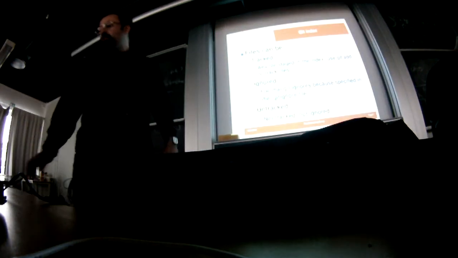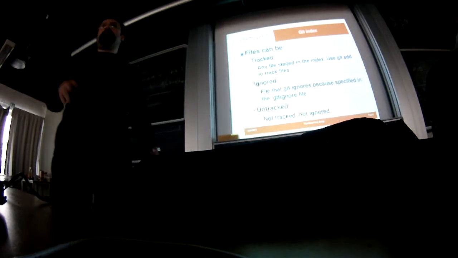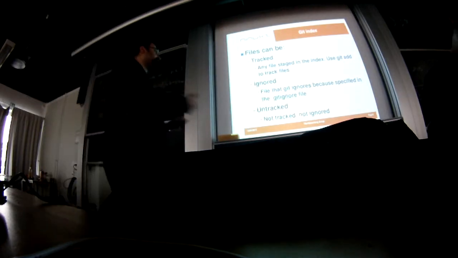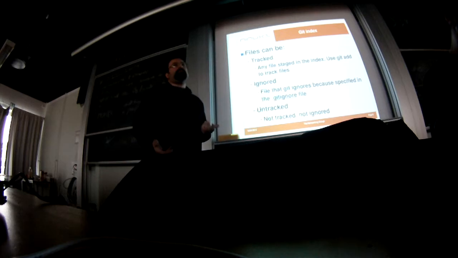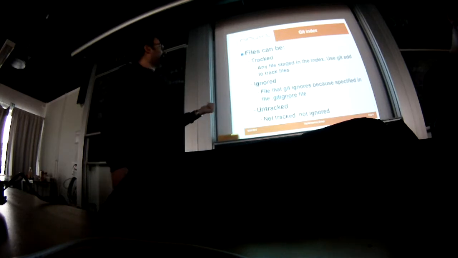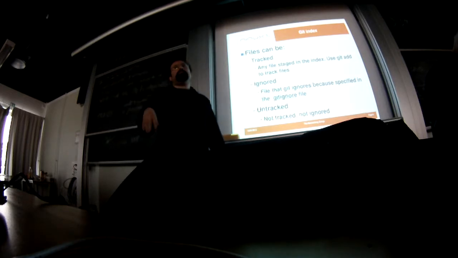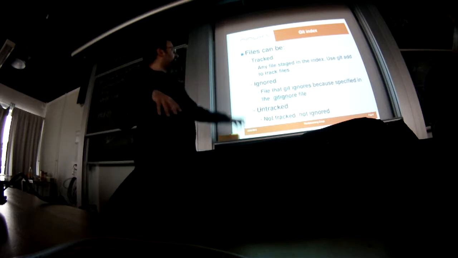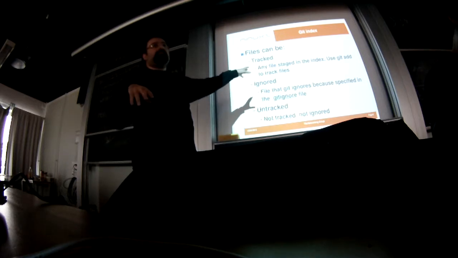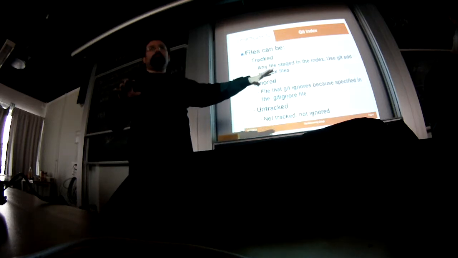Okay, so let's look at how the index is related to the files that I have in my working directory. A file can be tracked, so when a file is tracked, it's staged in the index. It means in my object store I have a version of this file, so I'm tracking it, and when I make modifications, I am able to track these modifications because the file is already in my database.